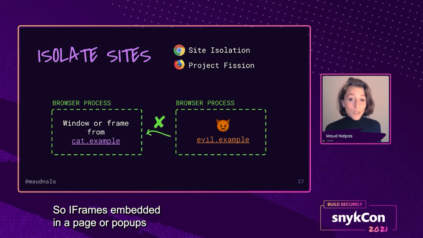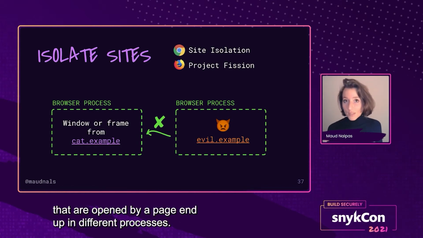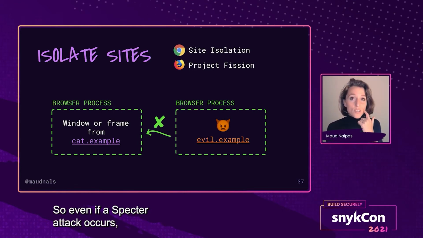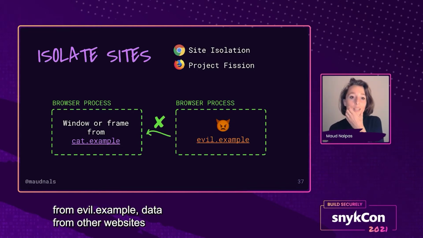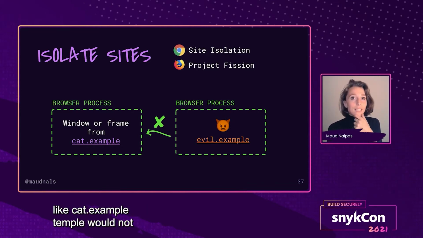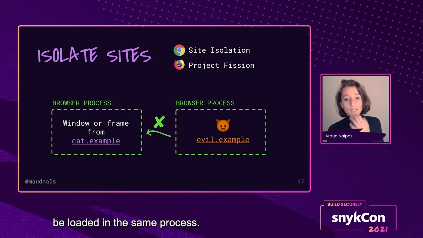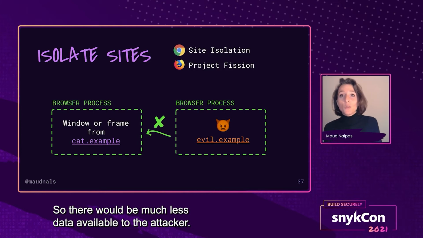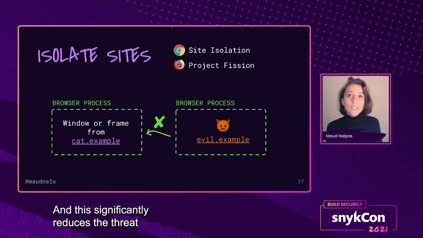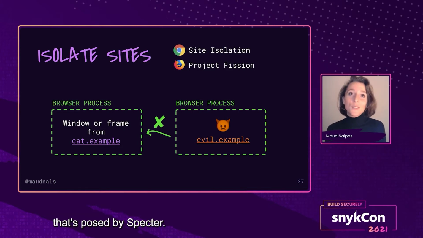So iframes embedded in a page or pop-ups that are opened by a page end up in different processes. So even if a Spectre attack occurs from evil.example, data from other websites like cat.example would not be loaded in the same process. So there would be much less data available to the attacker, and this significantly reduces the threat posed by Spectre.